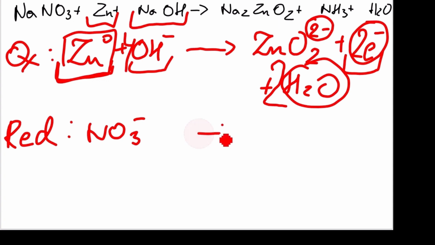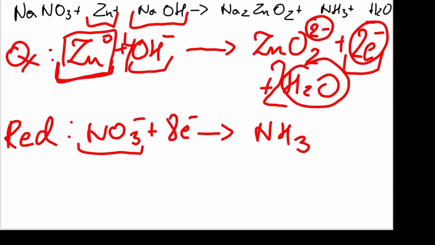In the products, nitrogen is contained in the ammonia particle. Of course, we need to add, as I said, 8 electrons because here in this nitrate anion, the oxidation state of nitrogen is equal to plus 5. Here in ammonia it is equal to minus 3.